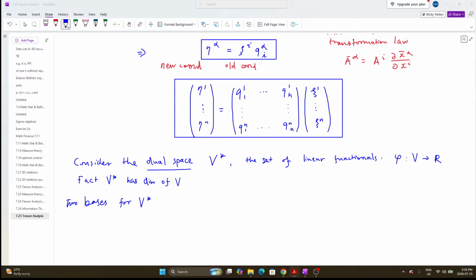Let's say, for example, little L. These are linear functionals. So little L1 all the way to little Ln. These are linear functionals.